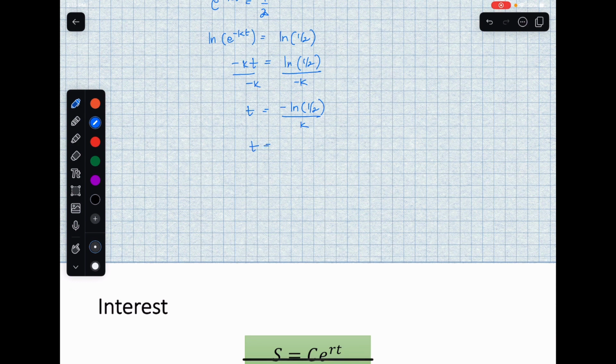But then this could be ln of 1/2 raised to negative 1 all over k. Since 1/2 raised to negative 1 is the inverse of 1/2, which is 2, therefore t will be ln 2 divided by k.